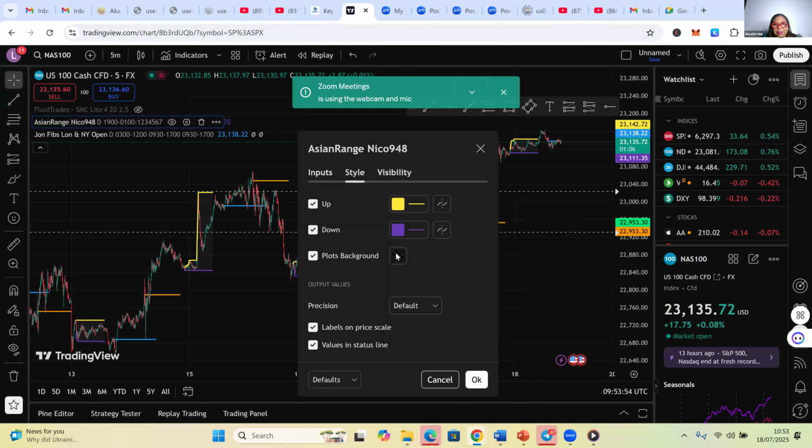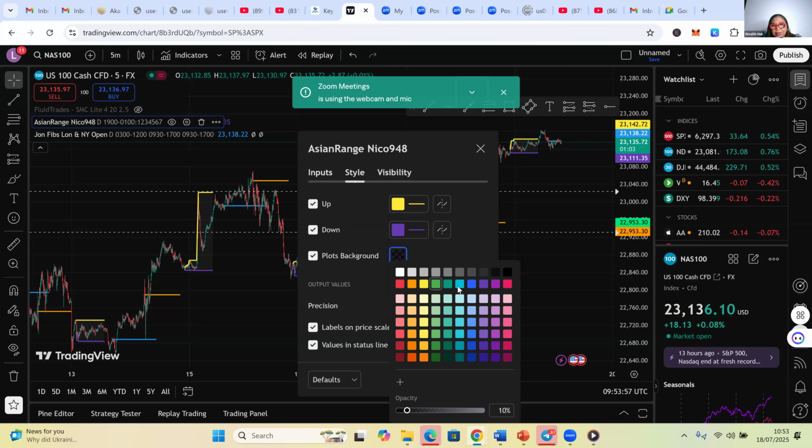For the background, you can play around with it. If I use blue, if I use... okay, I'm wondering, the background is not showing as much as I wanted, but it's still showing a little bit.